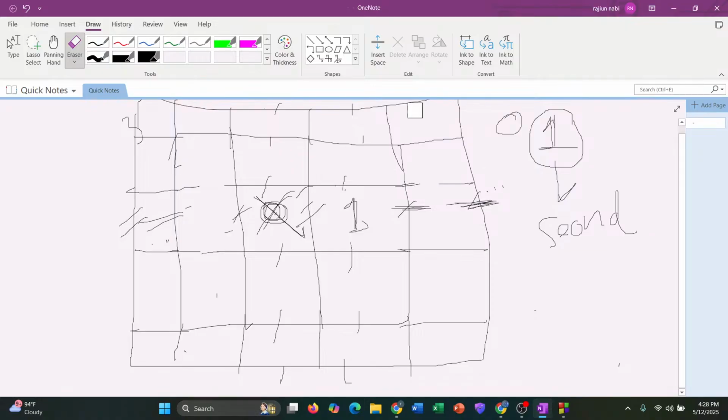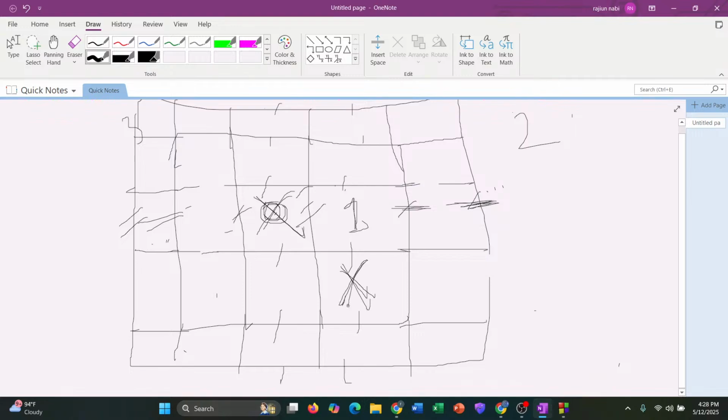The third maximum element will be 2, right? Which cell falls under the third category? This or this or this or this.